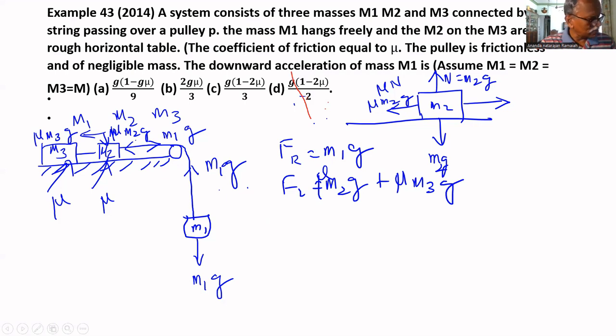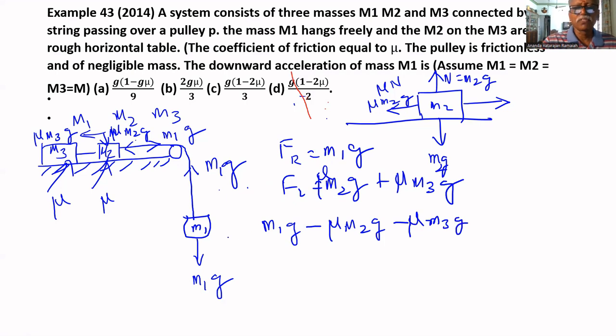Downward acceleration is asked. First, let us find the net force. Net force equal to, that is downward. That's why this M1g is positive, these two are negative. So M1g minus mu M2g minus mu M3g is the net force.